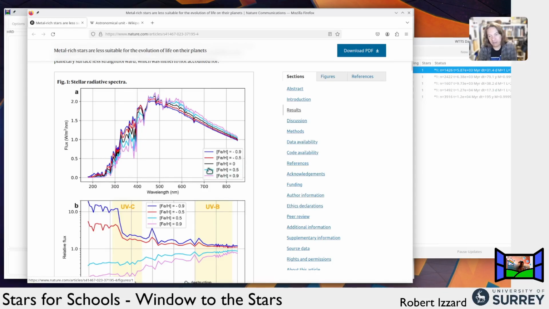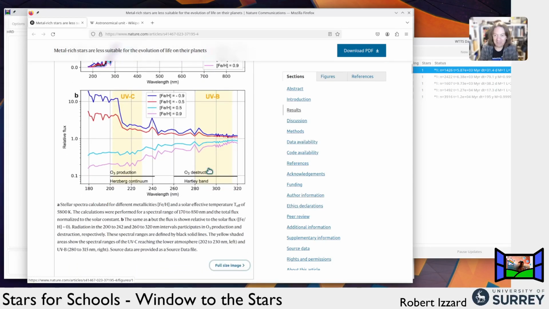But if you start learning a little bit about chemistry, which I must admit I am completely ignorant of, you have to look at a diagram like this, where the ultraviolet, here the UVC and the UVB, the UVC manufactures your ozone, which is the protecting chemical in the atmosphere. You get it manufactured much more at lower metallicity.